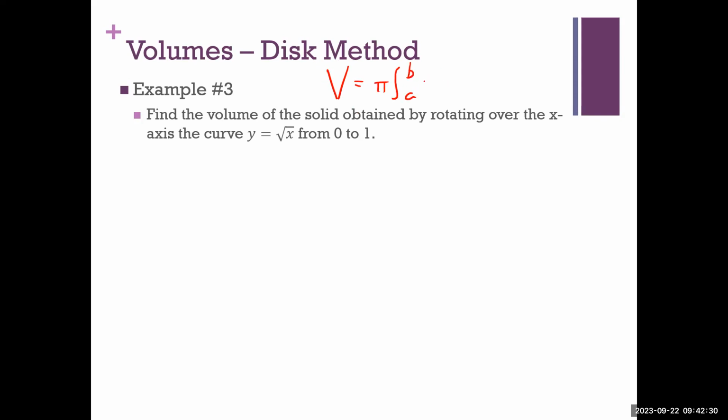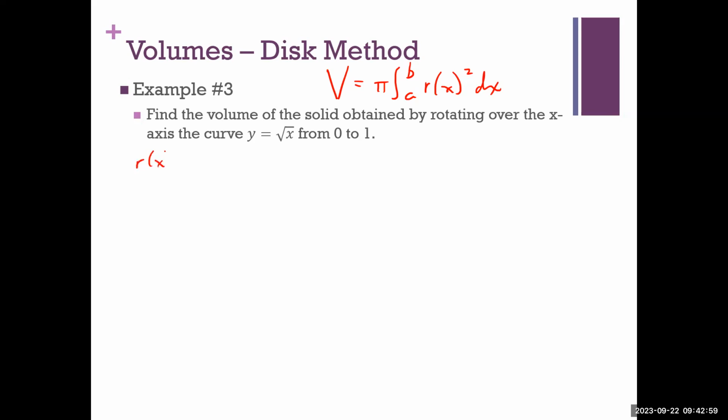So any ideas how to proceed with this? Well, we're given R of x and a and b in the equation, right? What are all those things?